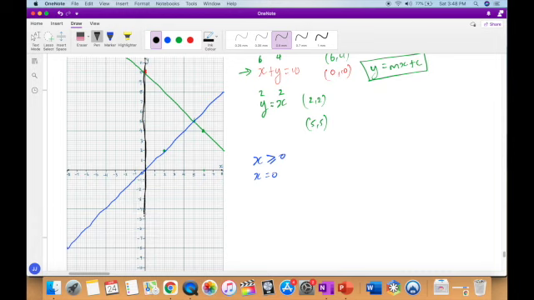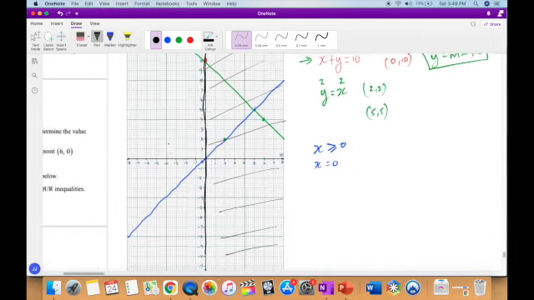All of the points on that line have an x value of 0. And x is greater than 0 is going to be this section over here, so we'll lightly shade it. All here, the x value is greater than 0.